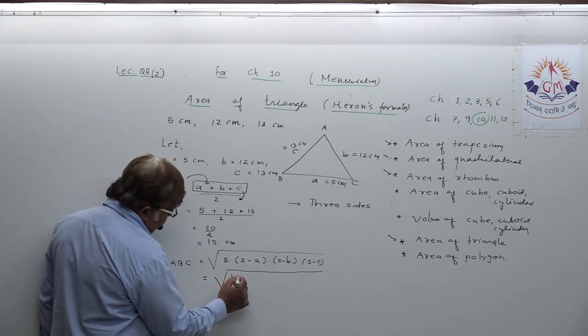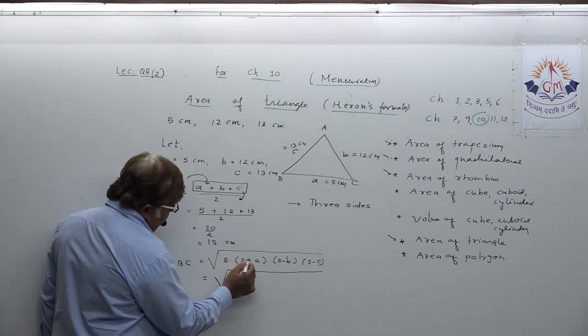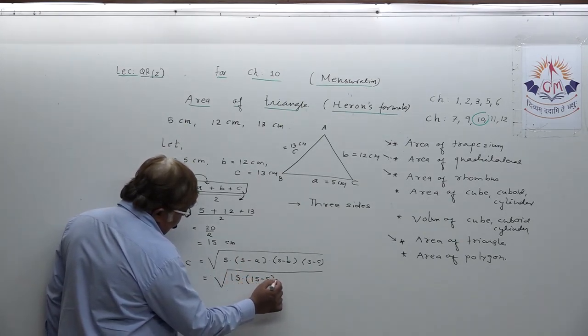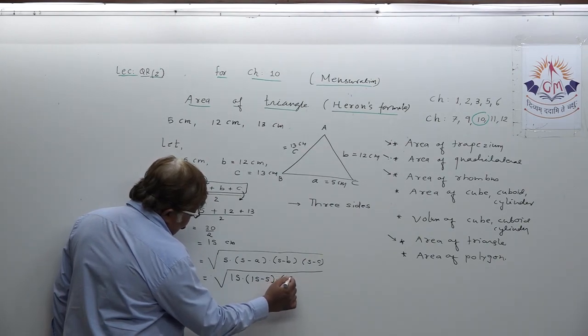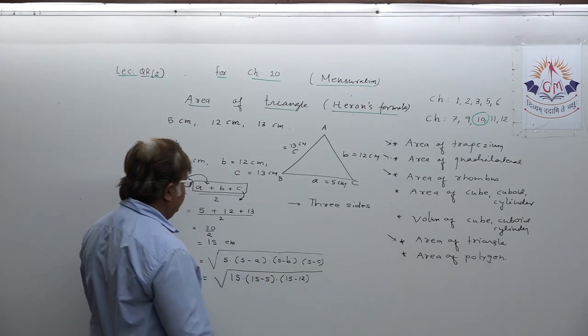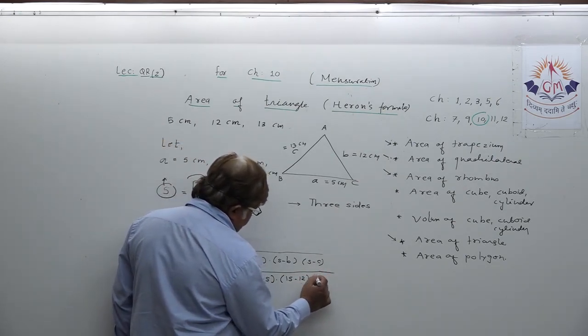S, that is 15, into S minus A, 15 minus 5, S minus B, 15 minus 12, S minus C, 15 minus 13.